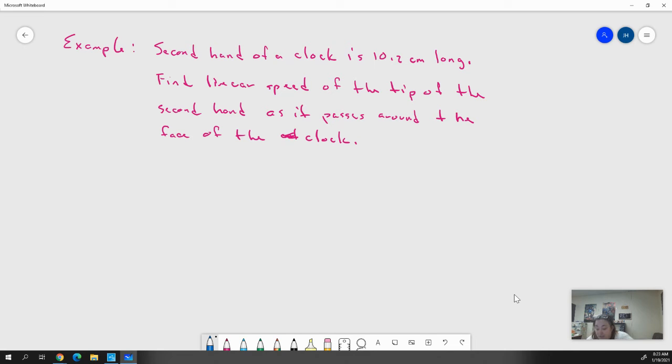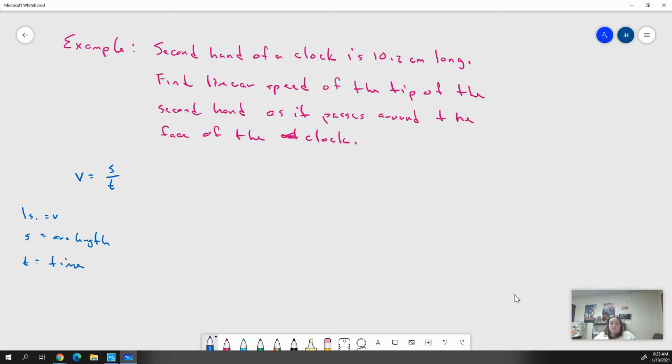What do we know about linear speed? Linear speed is V equals S over T. V stands for linear speed, I'll just call that LS equals V. S is our arc length, and T equals time.